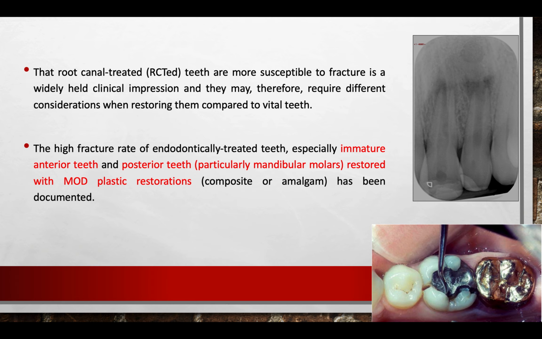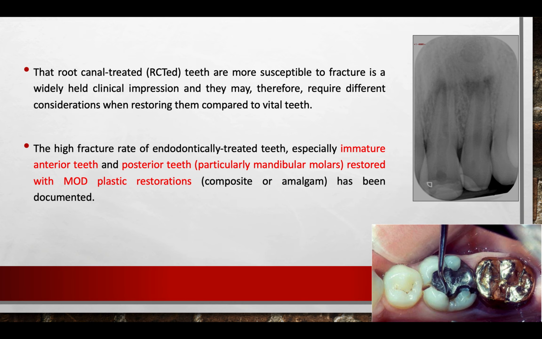So these teeth are weak, and at that stage the teeth will most likely need root canal treatment, and that's the reason why we assume that root-filled teeth are more susceptible to fracture when compared to vital teeth.